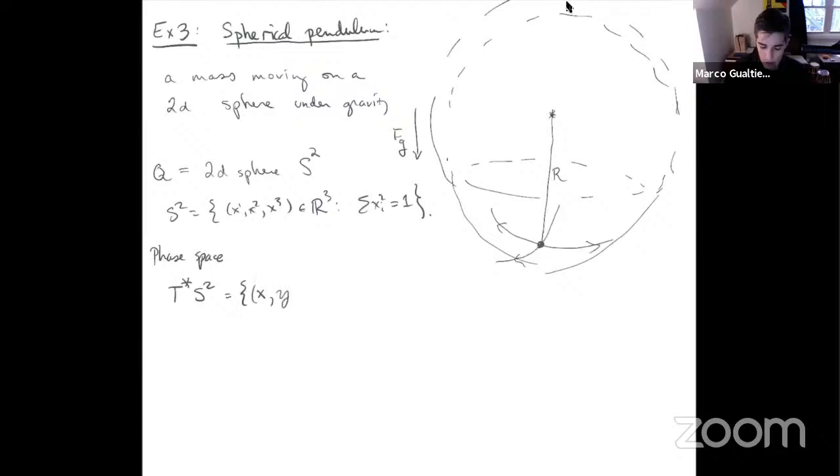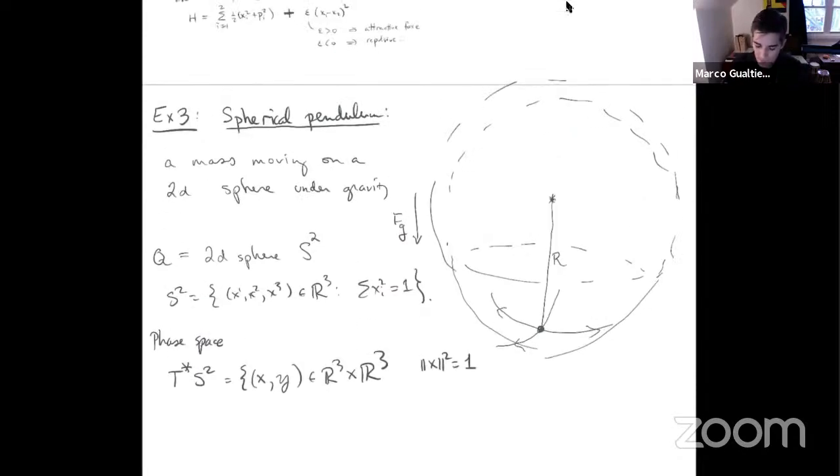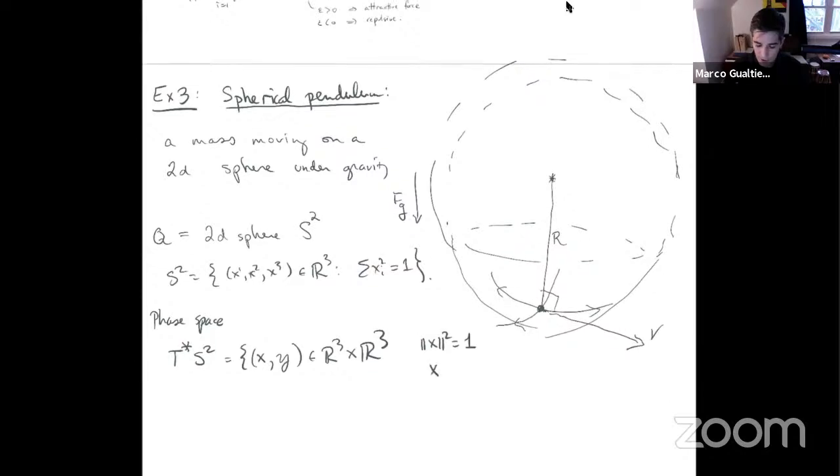We can talk about points in R3 cross R3, where the norm squared of x is 1, and if I want to describe a tangent vector to the sphere, all I need to do is give a vector which is normal to the radius at that point. So I can say that the dot product x dot y is equal to 0.